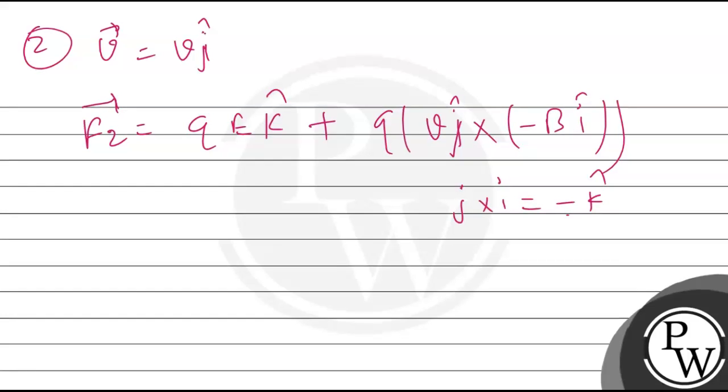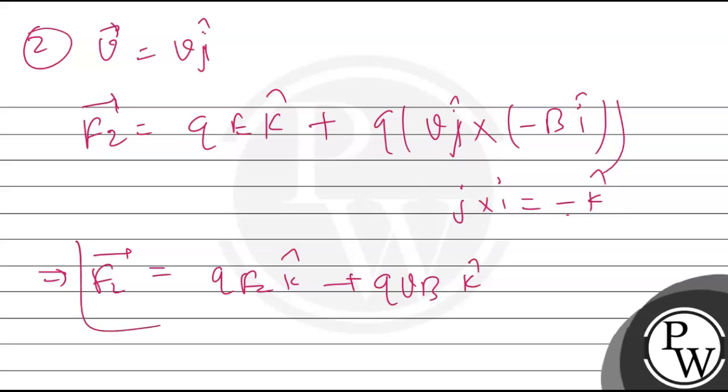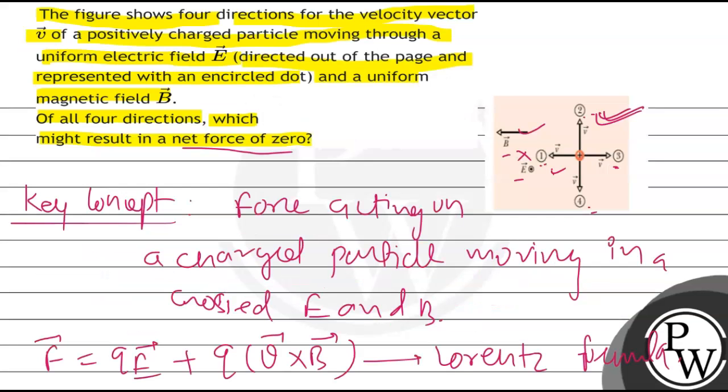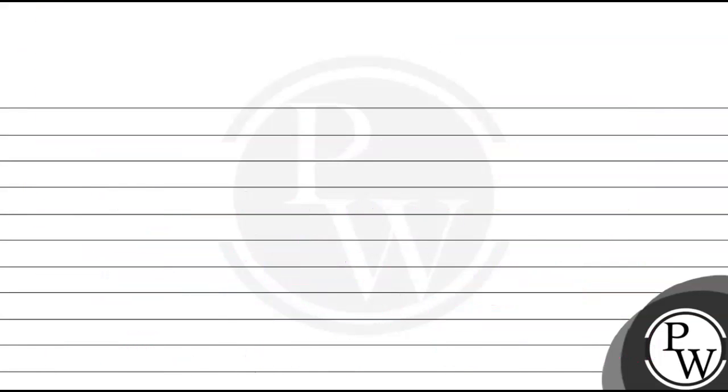From here we can write F2 vector is equal to QE k cap plus QVB k cap. Now we can see that these two quantities are added, so it will carry some finite value and cannot be equal to 0.